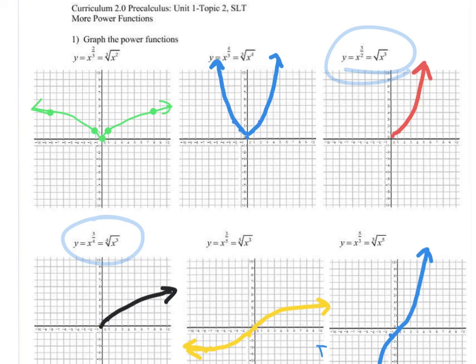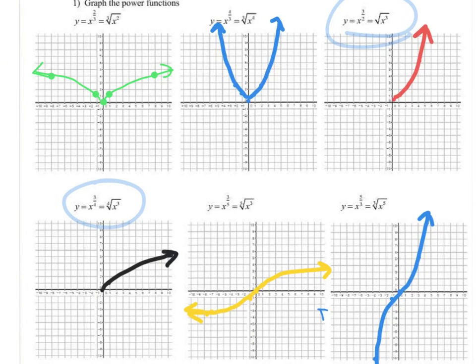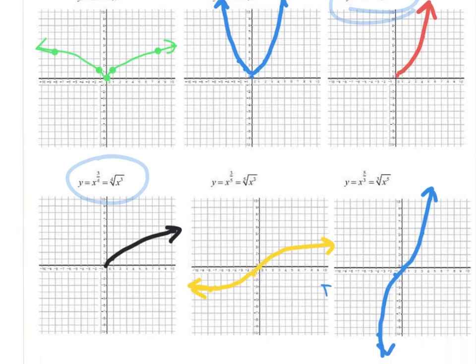Look at the denominators in your power. They both have an even denominator. The 2 and the 4 are even numbers, where here the denominator is a 5, a 3, a 3, and a 3. So these even denominators have a restricted domain where the graph is greater than or equal to 0.